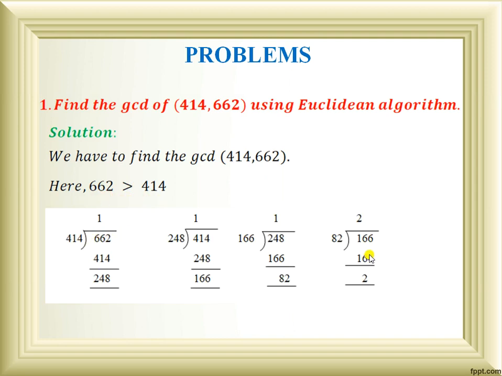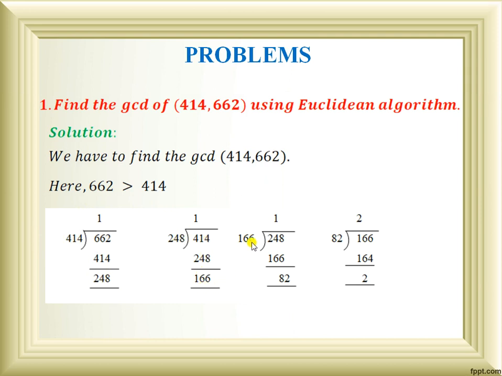So let us have the divisions here. 662 divided by the divisor 414: I will get the remainder 248, and the quotient is 1. For the second step, we take this divisor as the dividend and this remainder as the divisor. Likewise, we continue. Here I will get the remainder 166.